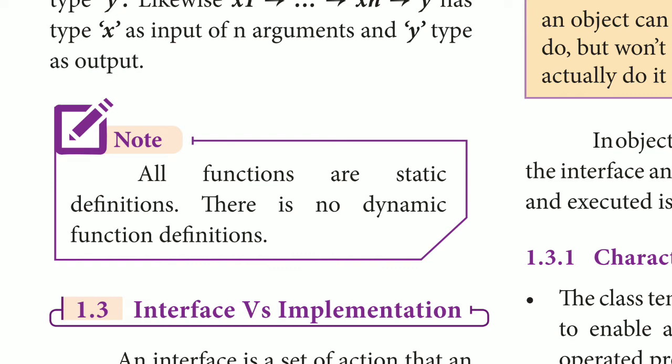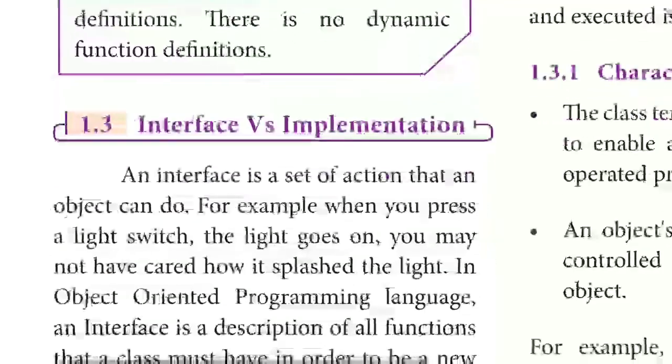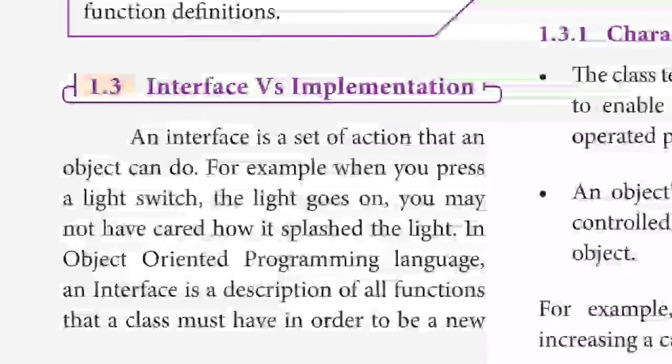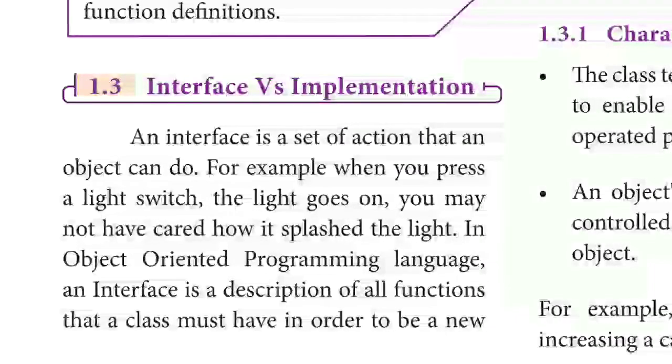The next thing you have to see here is interface and implementation. An interface is a set of actions that an object can do. For example, when you press a light switch, the light goes on. You may not have cared about how it produces the light.